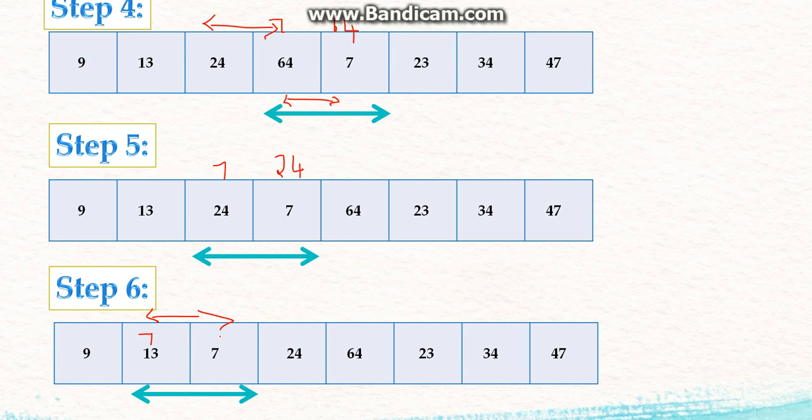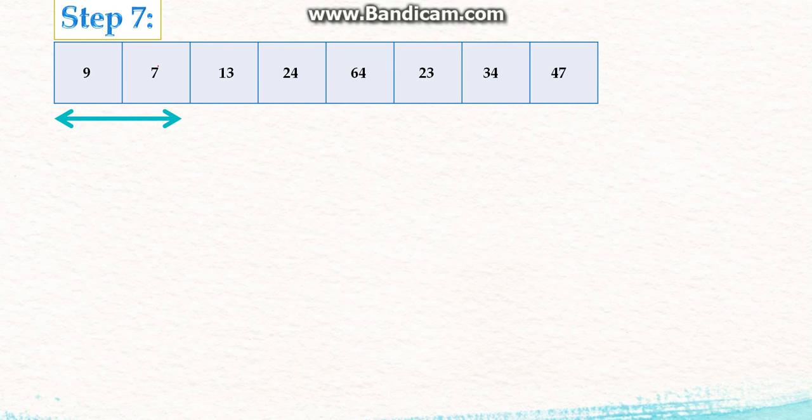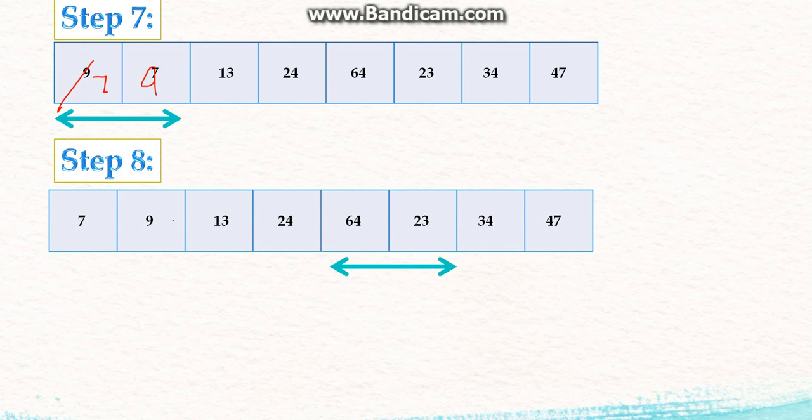So 7 and 13. Again if we see, 7 and 9 are not sorted. So 7 and it becomes 9. Next step, we can say that 7, 9, 13, 24 is perfectly sorted and need not have any more comparisons between them.